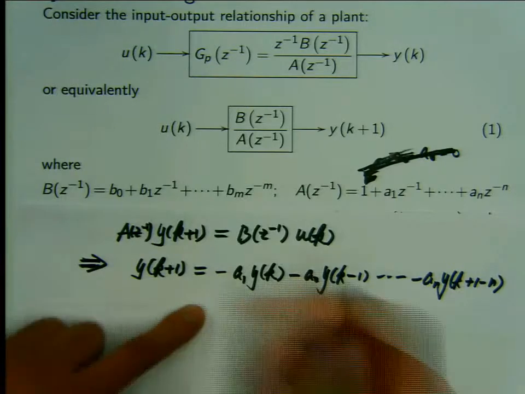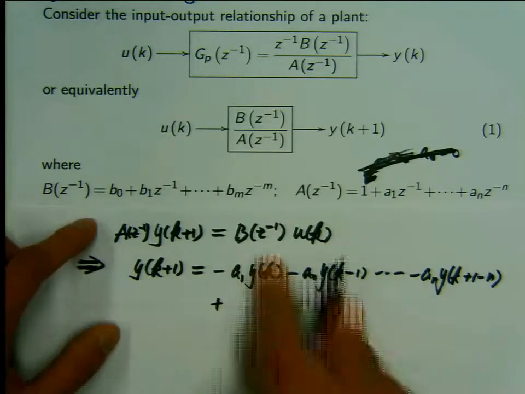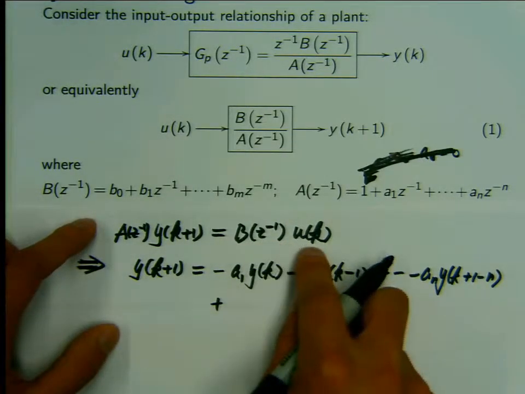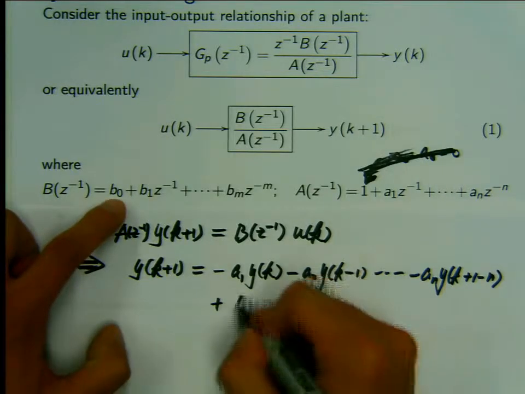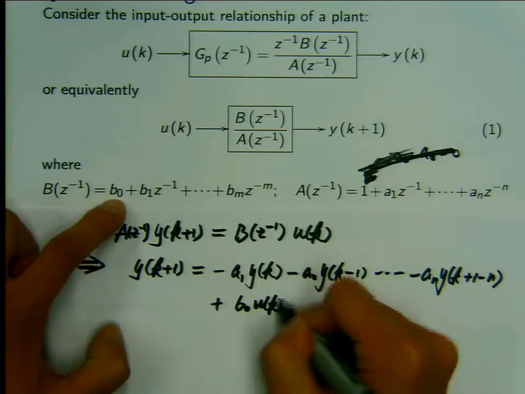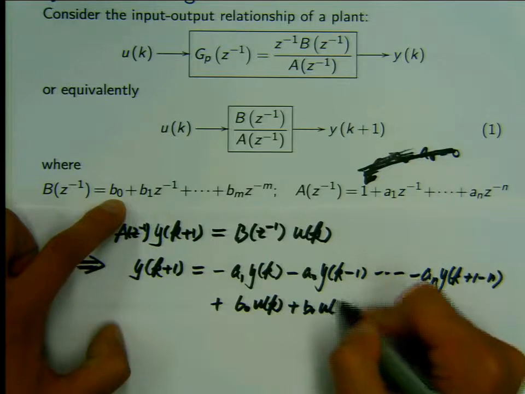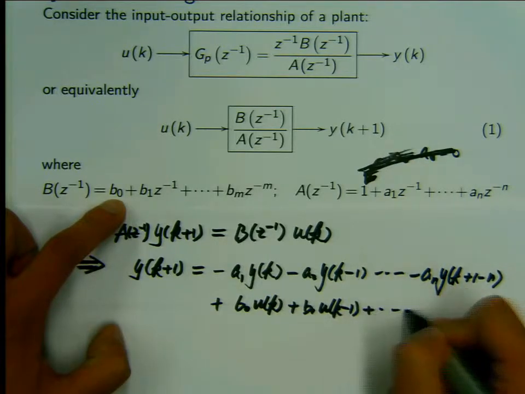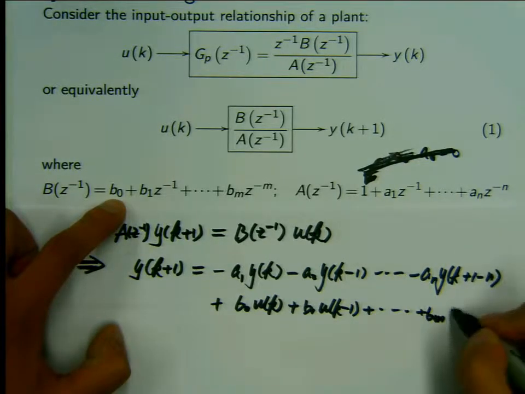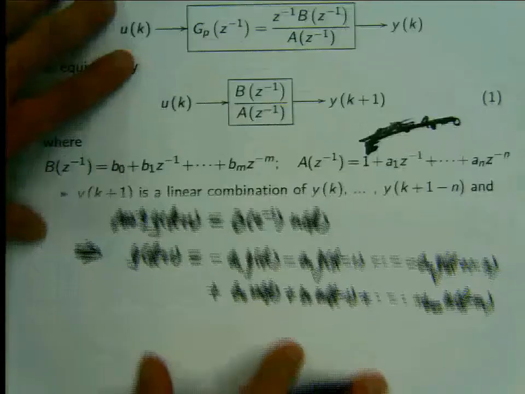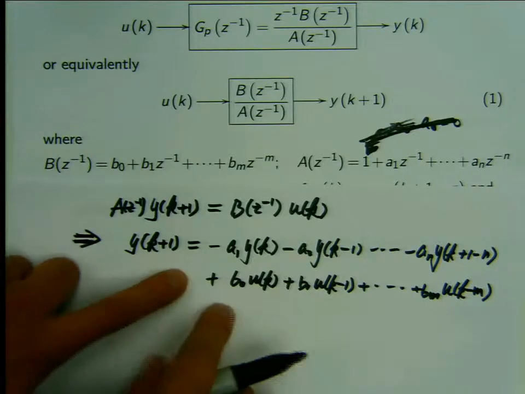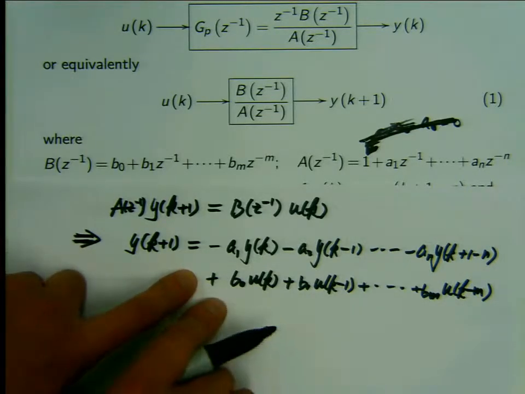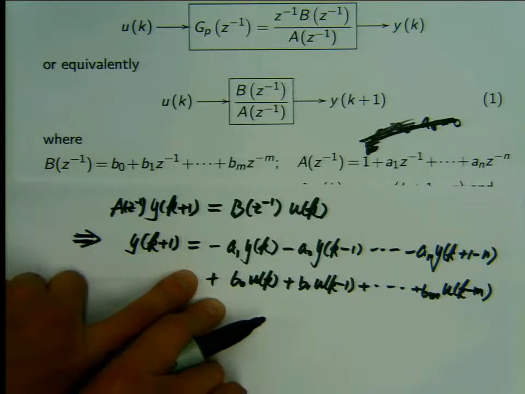Then plus Bz minus 1 operated on uk, which is going to be b0 uk plus b1 uk minus 1 plus all the way to bm uk minus m. Just in the exact same fashion as what I did in the first order example. So everyone can see this?